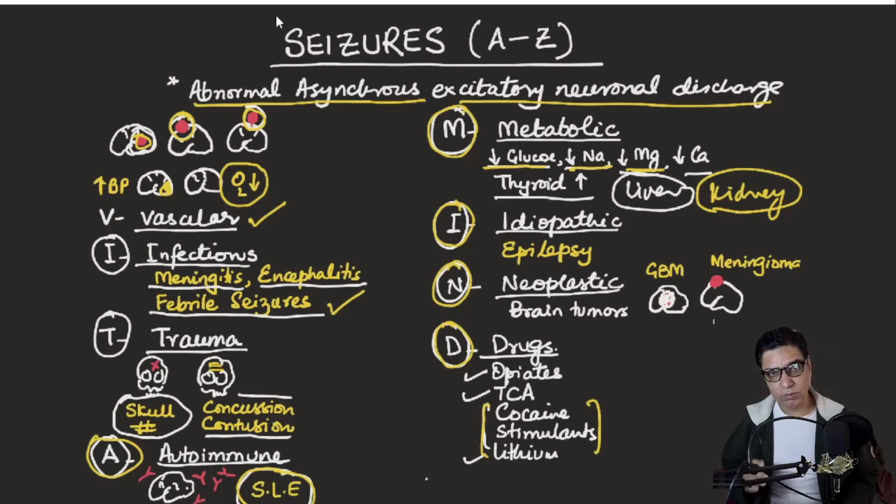But more commonly in children, from a drugs point of view, it is usually either deliberate overdoses of tricyclic antidepressants, which are usually done for self-harm, or recreational drug use, like use of cocaine, that can cause seizures. So if adolescents come in with seizures at this age group and the history is not very clear, urine toxicology is mandatory in those cases to find out. They might find certain drugs which are responsible for causing seizures.